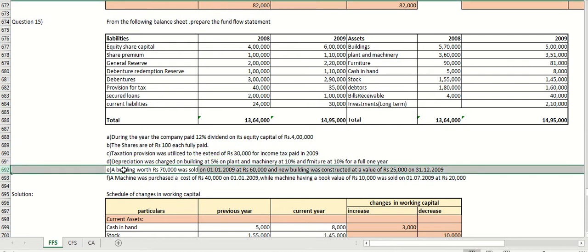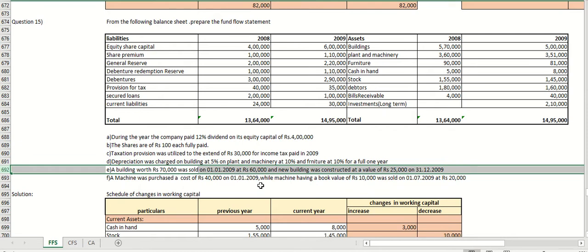Point 5: a building worth rupees 70,000 was sold on 1/1/2009 at rupees 60,000 and a new building at a value of rupees 25,000 was constructed on 31/12/2009. The first part tells that a building worth rupees 70,000 was sold for rupees 60,000, which means it was sold at a lesser value.